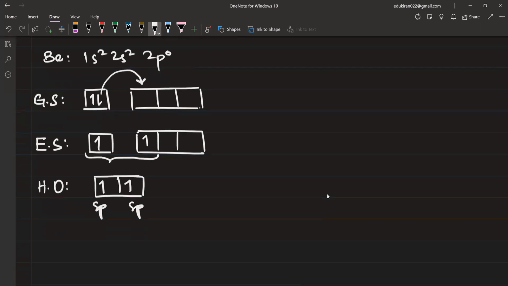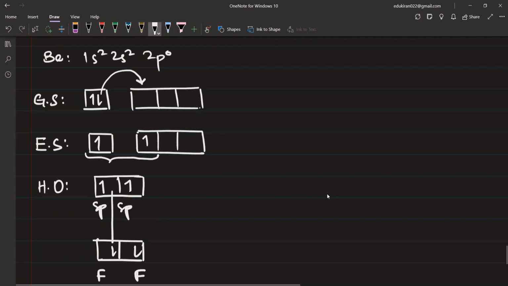Then in fluorine, the p orbitals of fluorine bond with the sp orbitals. This is the p of one fluorine, this is the p of the other fluorine. Both have electrons of opposite spin. And these make bonds like this. They overlap like this. So we have the beryllium atom with 1 sp hybrid orbital like this, 1 sp hybrid orbital like this, oriented at 180 degrees.